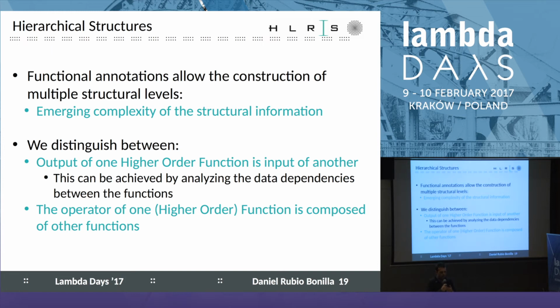So with the higher order functions, you can combine them in two different ways. As happens with OmpSs, you can combine them through input-output dependencies, or you can use them as operators. This leads to hierarchical structures where you can go to different levels.